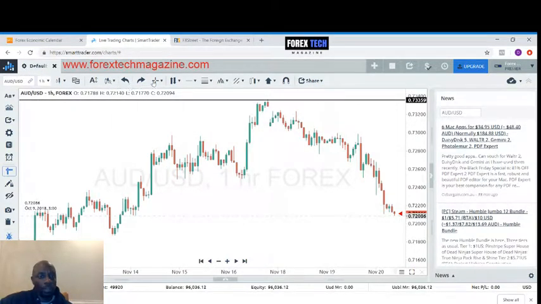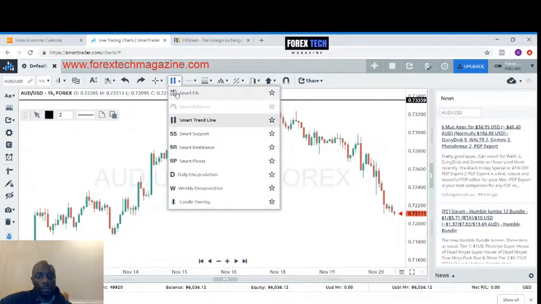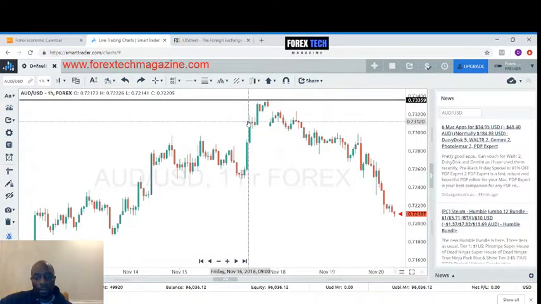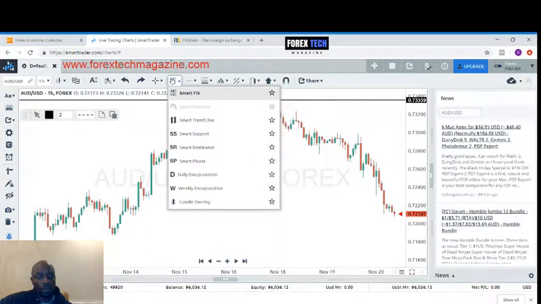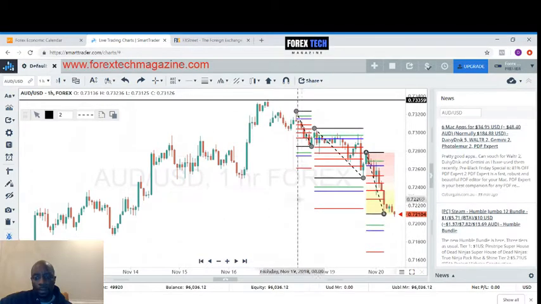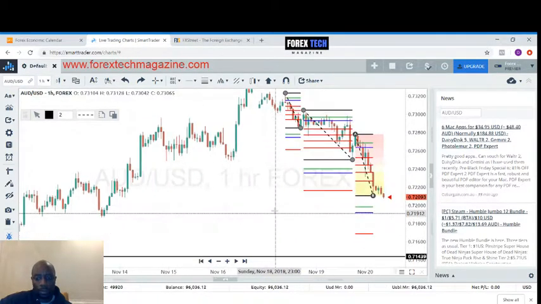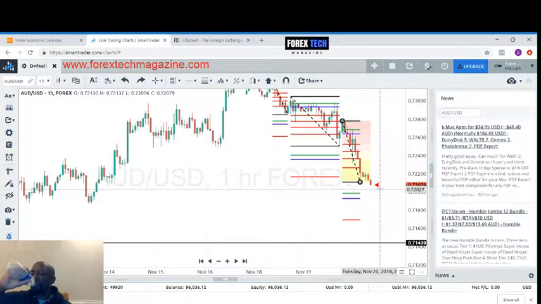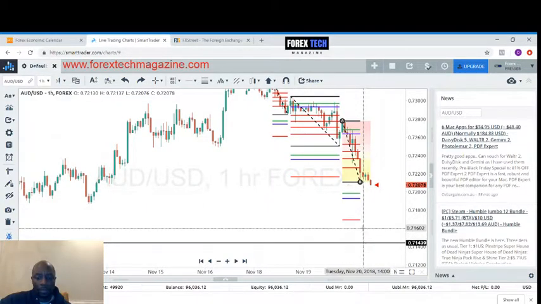Sometimes it happens within the trading session, sometimes it happens outside of it. But just understand that it does and it will happen at some point. I don't really see a good entry on this one right here. I don't see a good entry at all on this one. Huh. Well, it definitely looks like the dollar has gained some momentum, gained some strength.